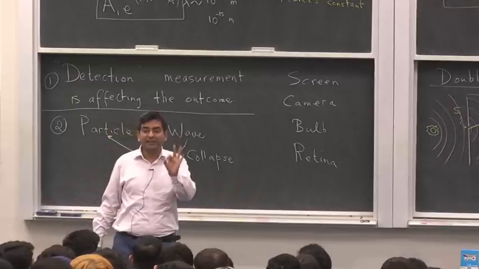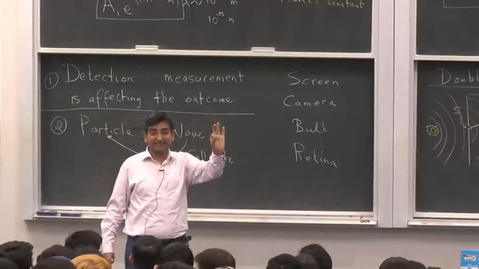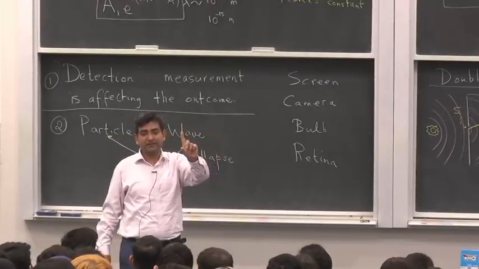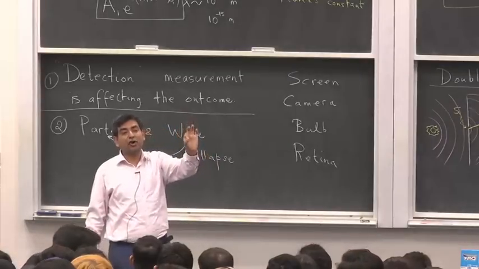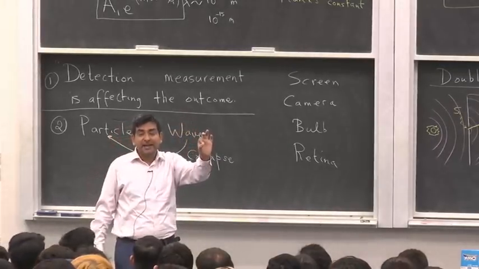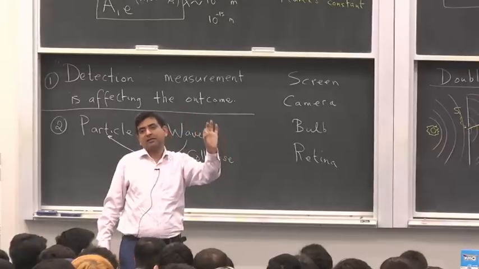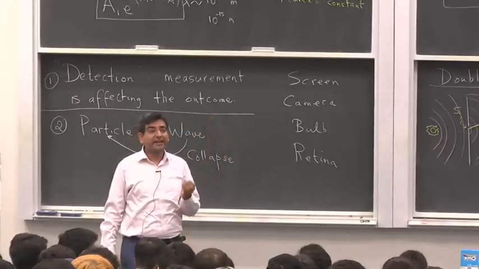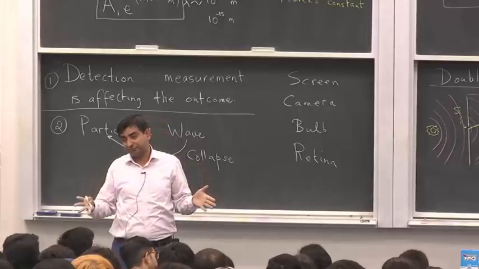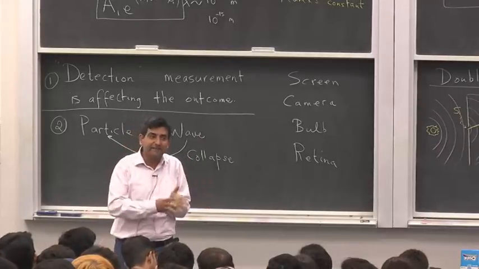But once the electron falls on the screen, listen carefully, once the electron falls on the screen and reveals its particulate nature, its position becomes clear to you. It does have a definite position.